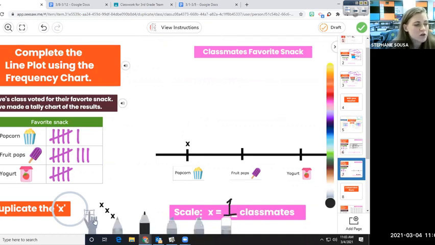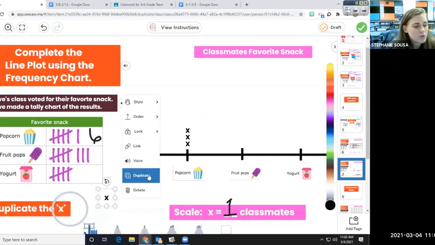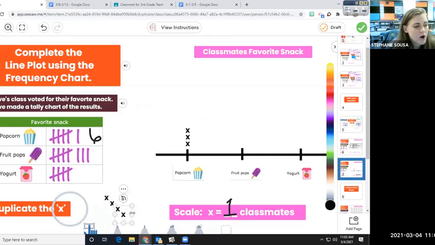Okay? So for popcorn, we're going to need, as our data table shows, 6 X's, okay? So let's go ahead and get those 6 X's stacked on top of each other. I want to remind you that when you make a line plot, it's very important that you keep your markers stacked up, okay?